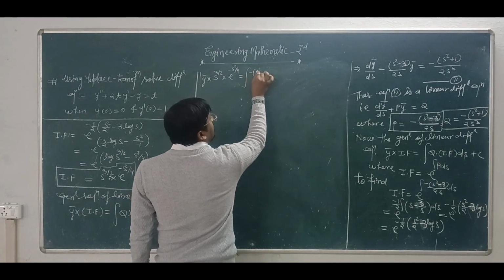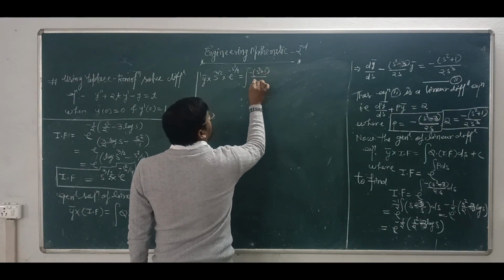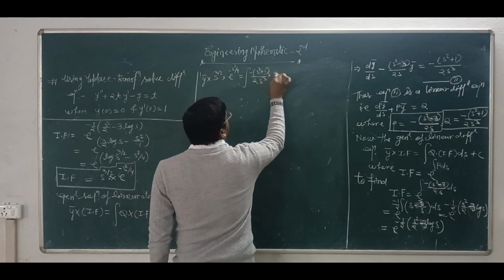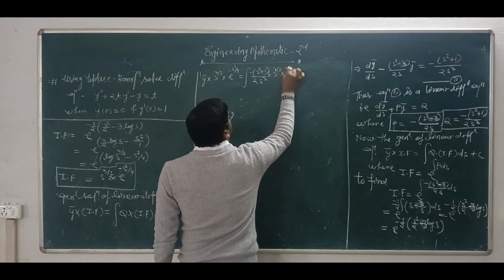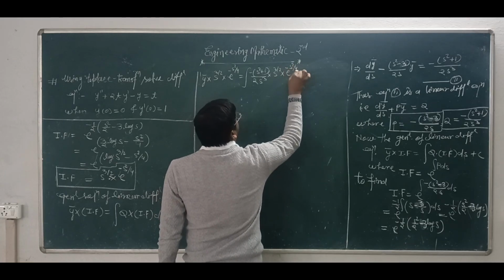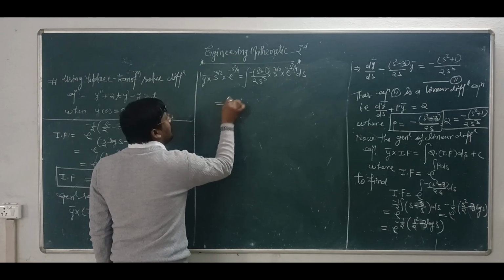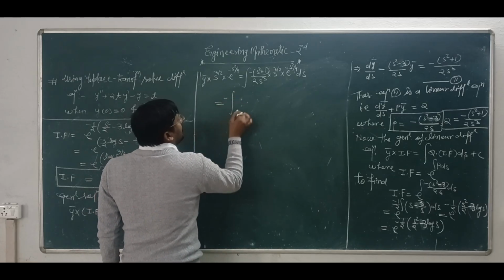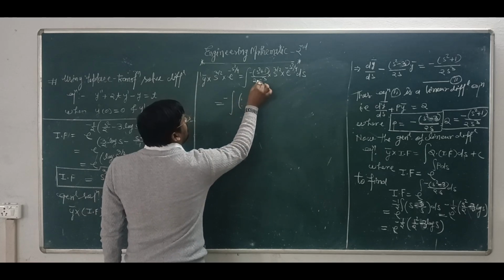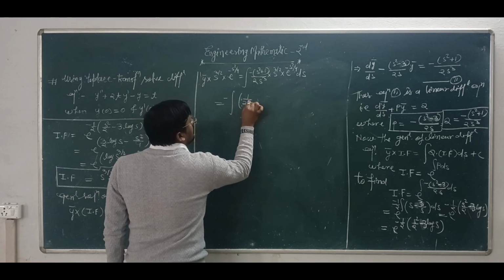Q means minus s square plus 1 by 2s cube into IF, means s to the power 3 by 2 into e to the power minus s square by 4 into ds. Now you can solve this integral. You can write minus, multiply of this, 1 upon 2s.